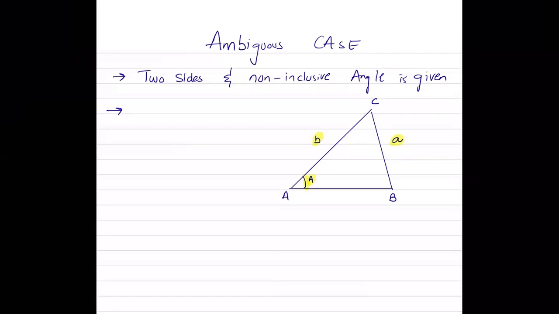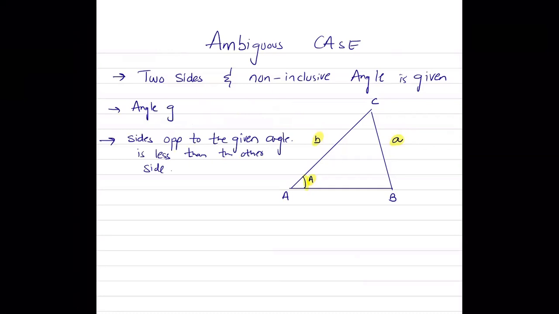Now how do you check whether the case is ambiguous or not? If the side opposite to the given angle is less than the other side. Before this, there's one other condition, and that is that the angle given should be acute.